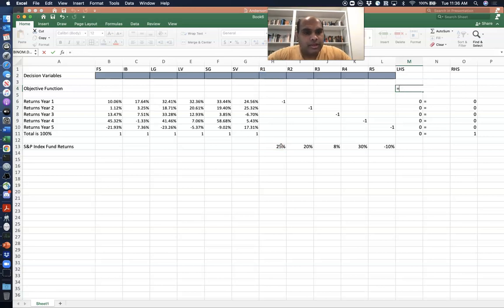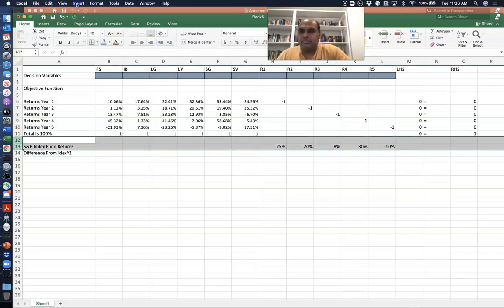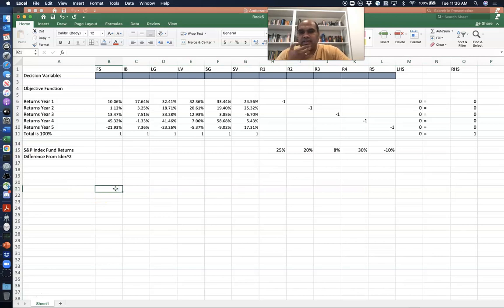The other way of doing that, if you don't want to do this explicitly, is you can say difference from index squared. Now these are not constraints, by the way, so let's leave a couple of rows here. These are just saying that this is the returns that you have for the S&P index, and this is the difference from the S&P index squared.